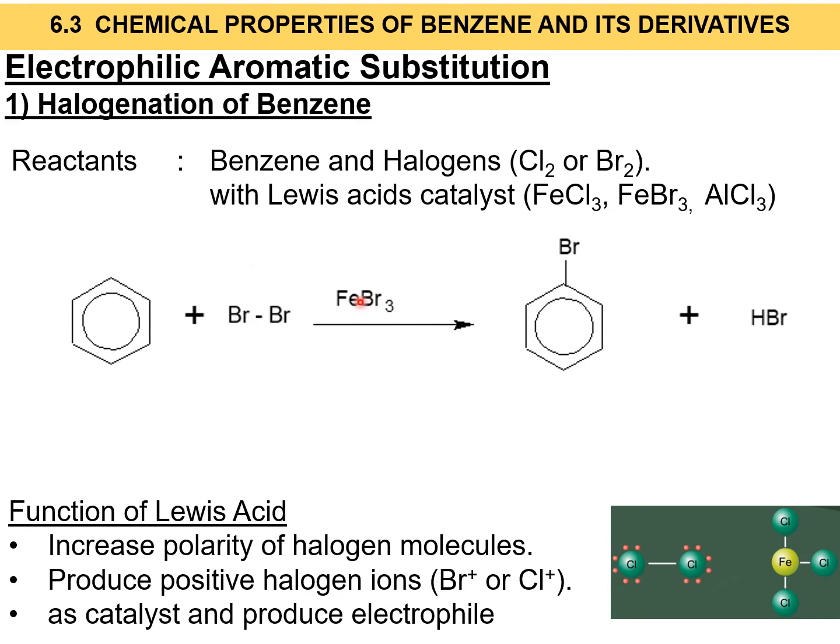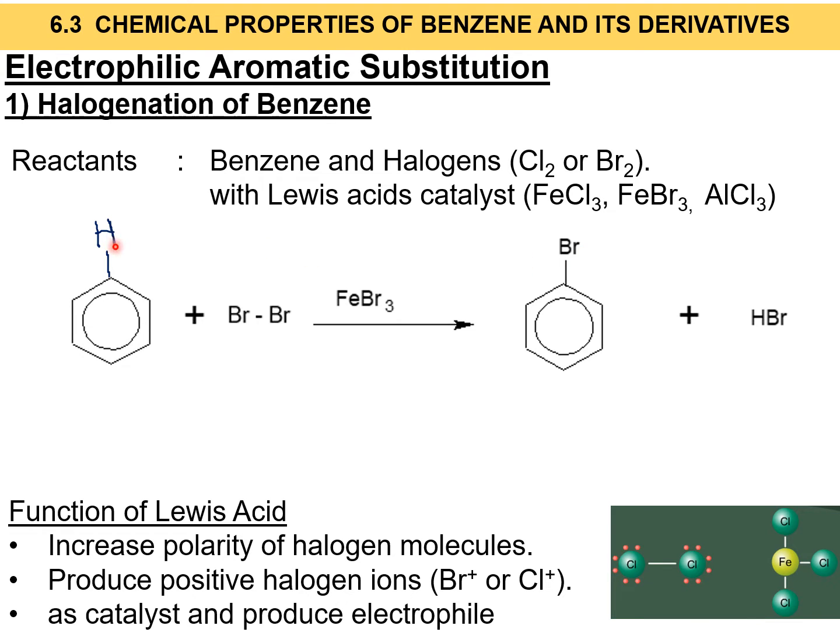Okay, so what happened here, you have to remember the type of chemical reaction of benzene adalah electrophilic aromatic substitution. Okay, apa maksud kalau let's say this is your benzene ring, bila dia buat electrophilic aromatic substitution, kita hanya akan substitute salah satu hydrogen atom at the benzene ring dengan electrophile, in this case electrophile halogen Br.